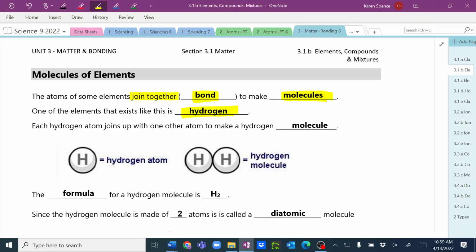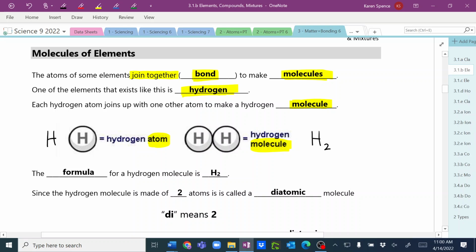Each hydrogen atom joins up with another hydrogen atom to make a hydrogen molecule. So you can see we've got an atom and we have a molecule. What would the formula for the hydrogen atom be? Formula for the hydrogen atom is H. Formula for the hydrogen molecule is H2. Yes.